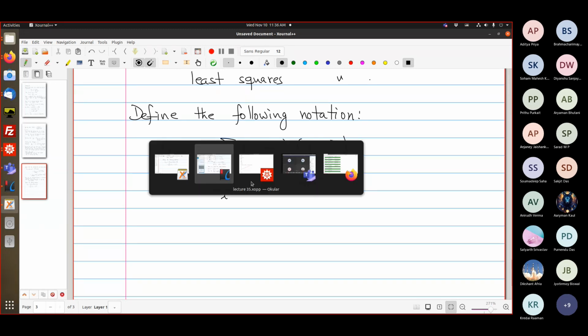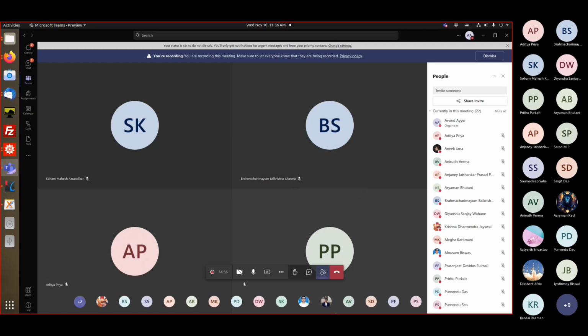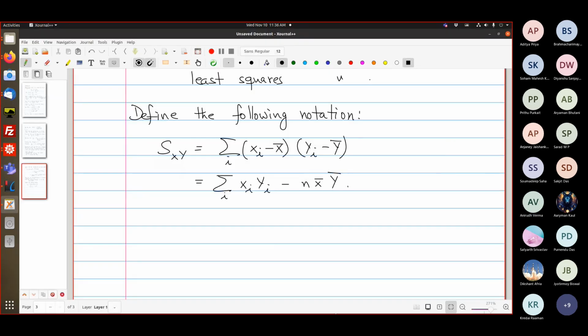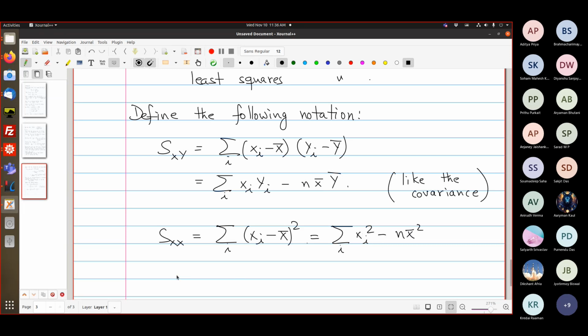So, what does this quantity remind you of? Anybody? Covariance, right? Not exactly the covariance, but this is like the covariance. And Sxx will be the sum over i of (xi minus x bar) whole squared, which is the summation over i of xi squared minus n x bar squared.